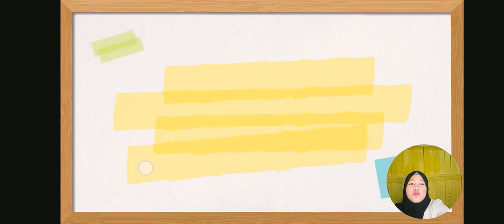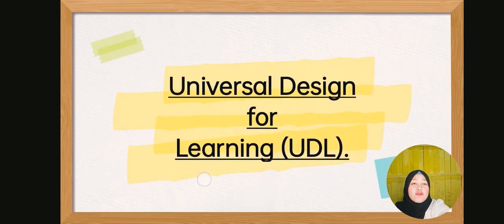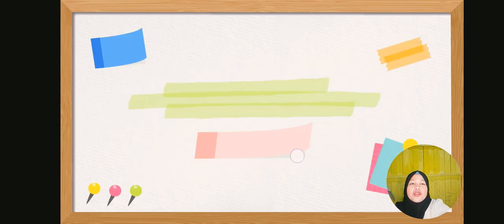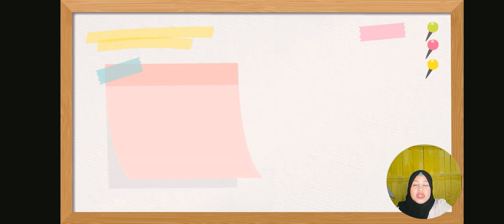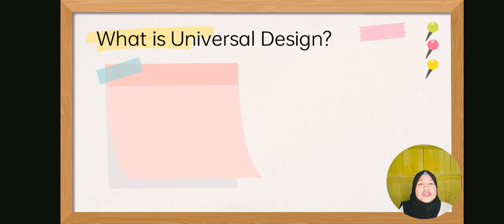Okay, let's now move to the Universal Design for Learning, UDL. According to the National Disability Authority 2020, cited the following 7 principles of universal design, which were developed by Ronald Mace and group in the North Carolina State University. So what is universal design?